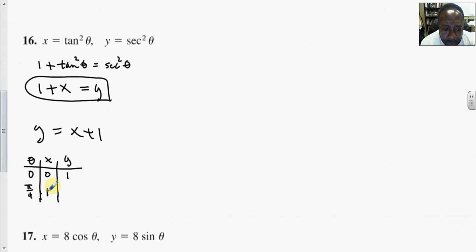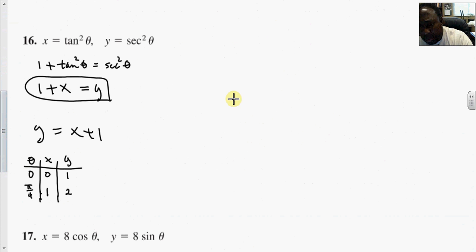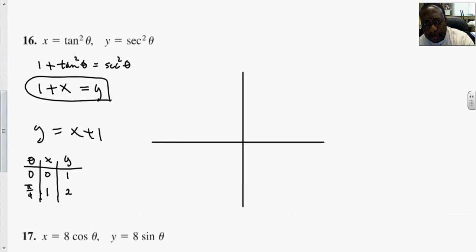And here, π/4 for cosine is 1 over the square root of 2. For secant, that's the square root of 2. Secant squared, we just get 2. I think that's enough to show the graph.